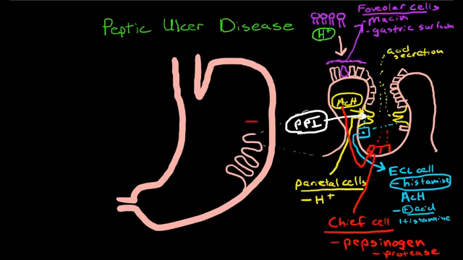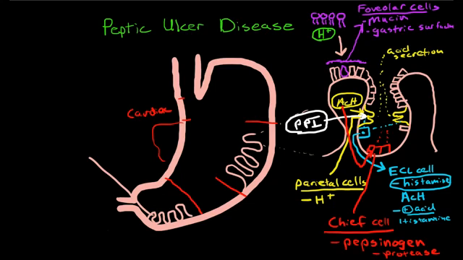Now, the mucosa varies from one part of the stomach to the other. We have cardiac mucosa that is unique, and then we have the mucosa of the body of the stomach, and then we have mucosa in the antrum. Now, the antrum of the stomach has a similar gross anatomy, but it has a different collection of cells.